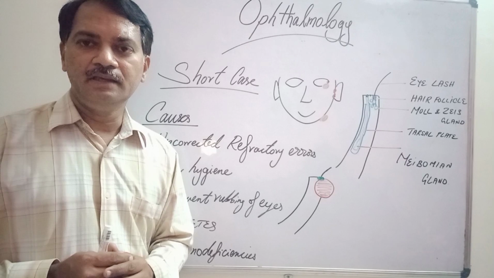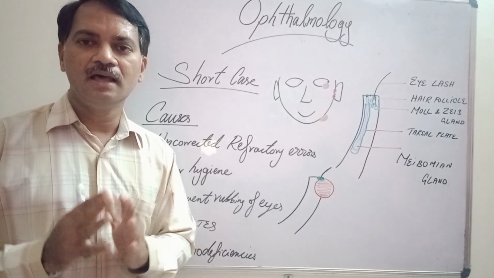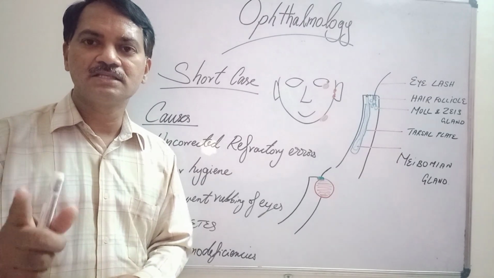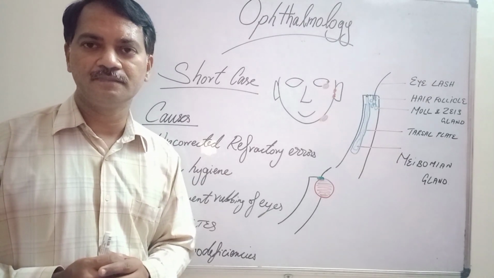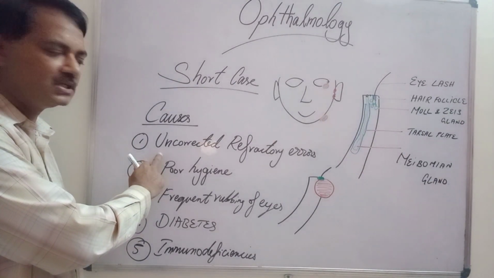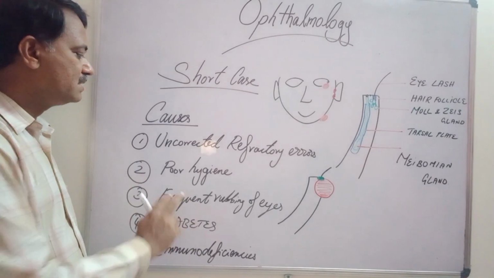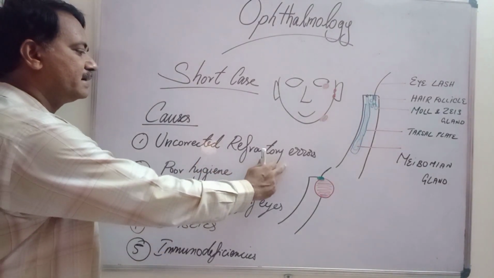Now let us see the common etiologies or causes leading to this hordeolum externum. The first and foremost thing leading to this hordeolum externum or stye is uncorrected refractive errors.